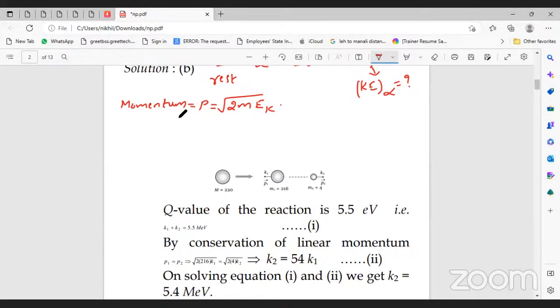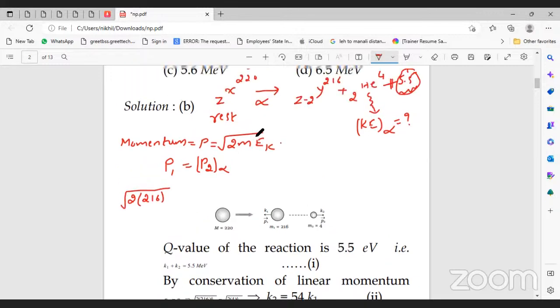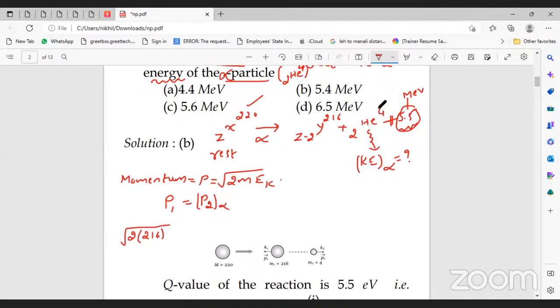Since the momentum is conserved, the momentum of the first particle must be equal to the momentum of the second one, that is the alpha particle. What is the momentum formula? Root of 2 times mass times kinetic energy. What is the mass of the daughter nuclei? You got it. After reducing the mass number by the alpha particle, that is 4, the remaining mass will be 216, right?